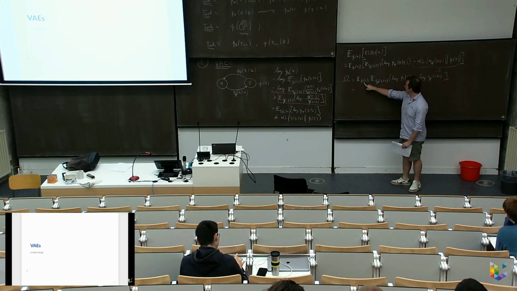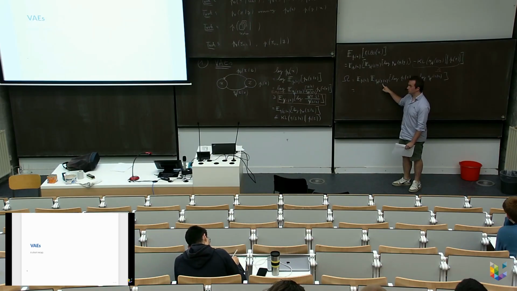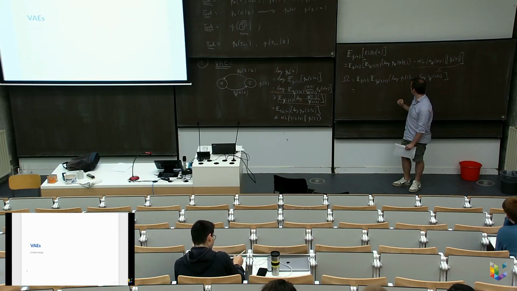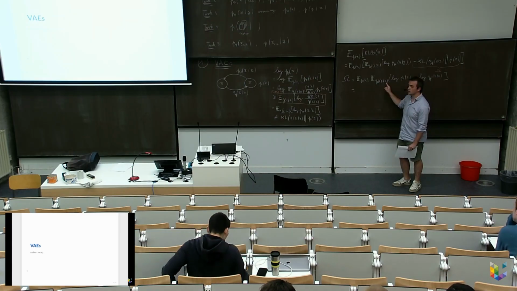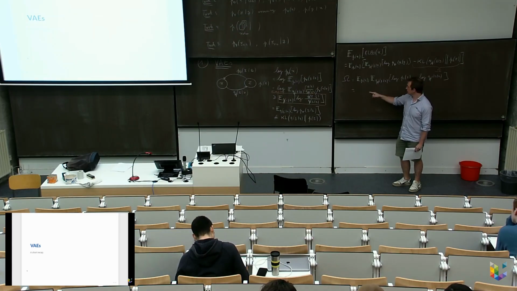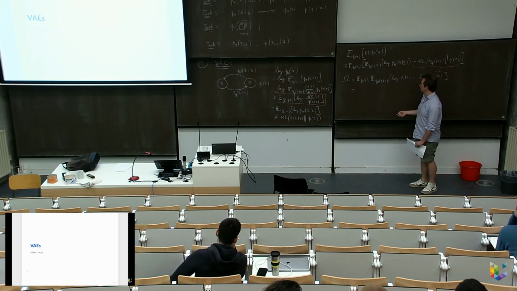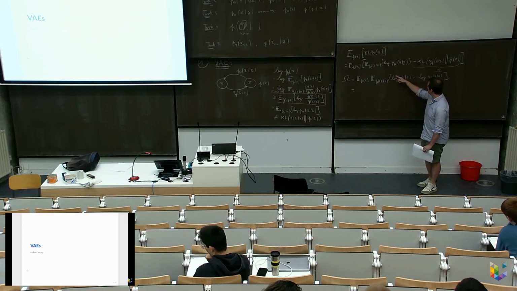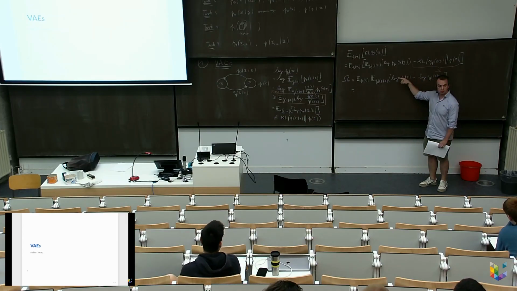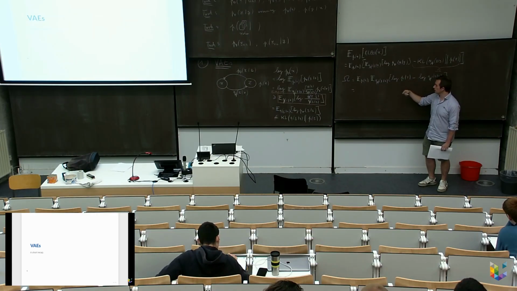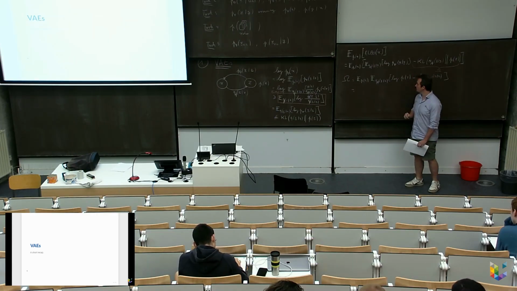So you see, you can couple these two things to have a joint distribution over x and z, where you sample first from the data distribution and then conditionally some z from your encoder. And you see also that this term does not depend on x. So you can marginalize out the x's.